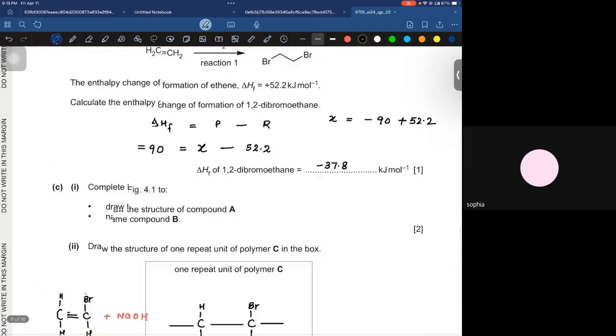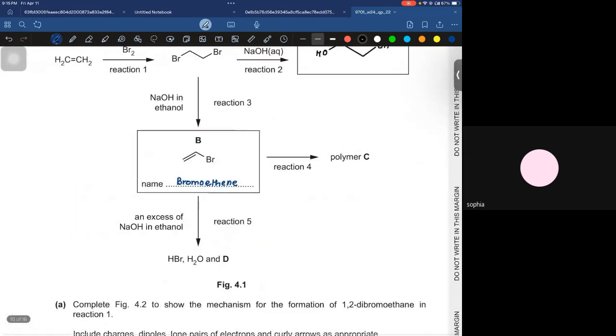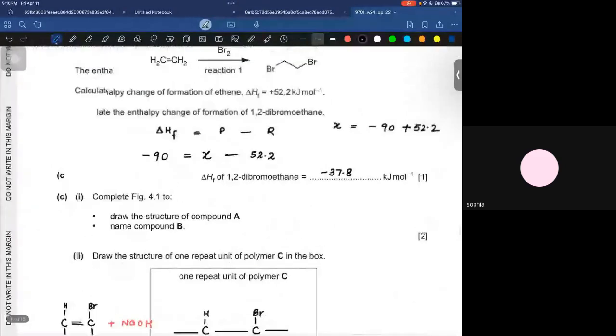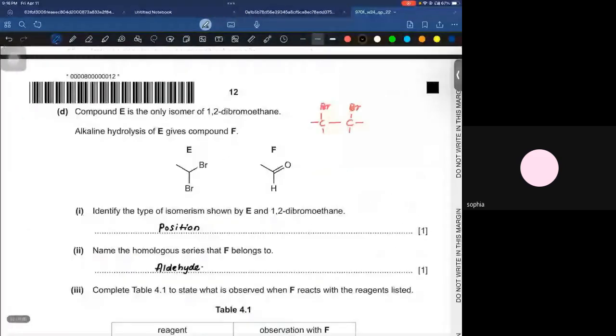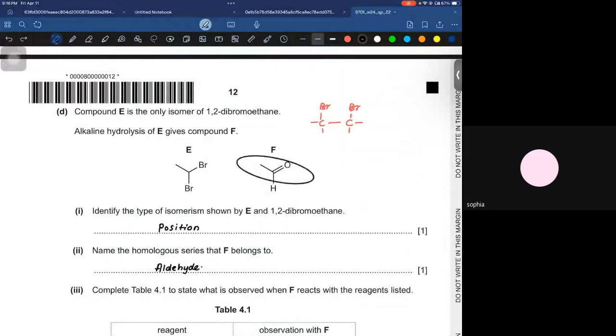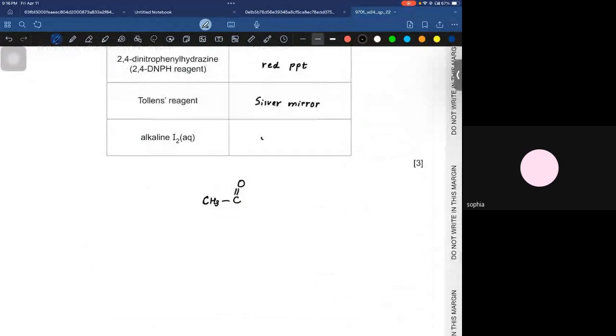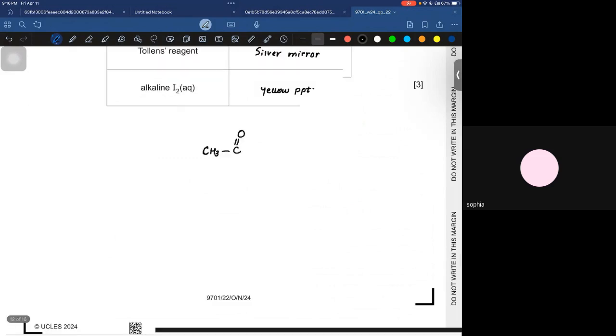Yes, it has CH3C double bond O. So yes, you will see a yellow precipitate.